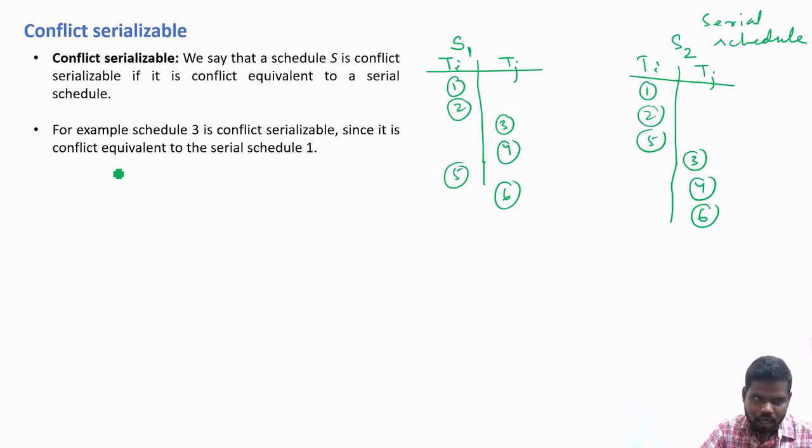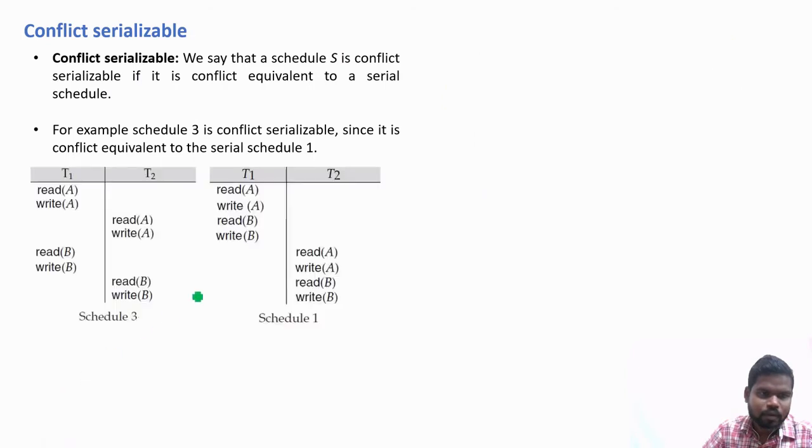For example, schedule 3 is conflict serializable since it is conflict equivalent to serial schedule 1. Let us check. It is shown here that schedule 1 is a serial schedule, and schedule 3 is not a serial schedule.